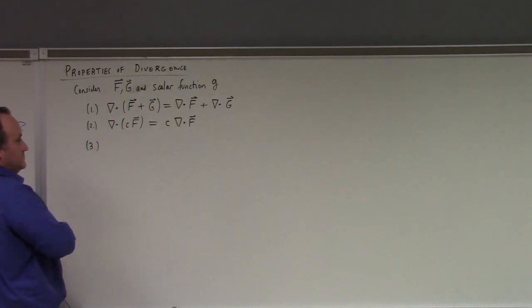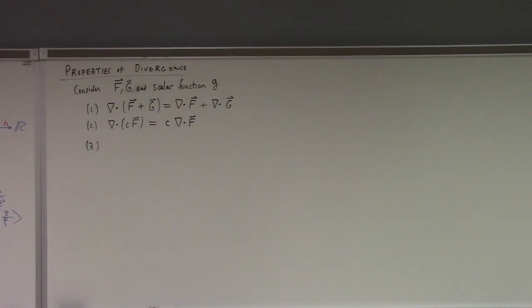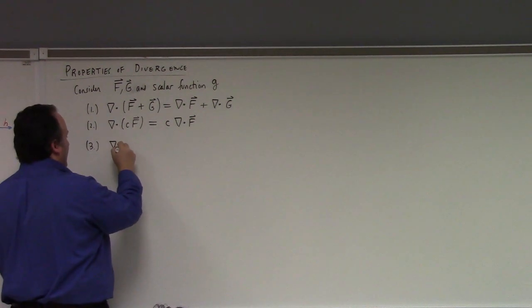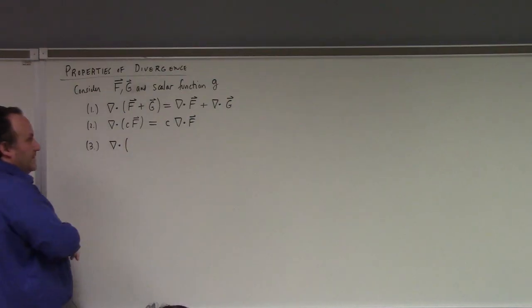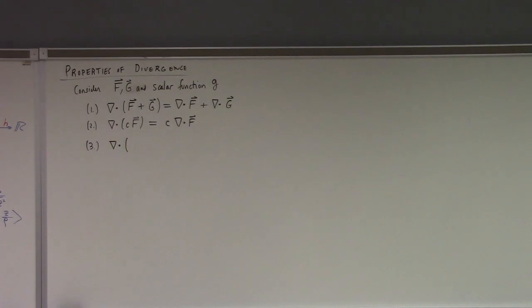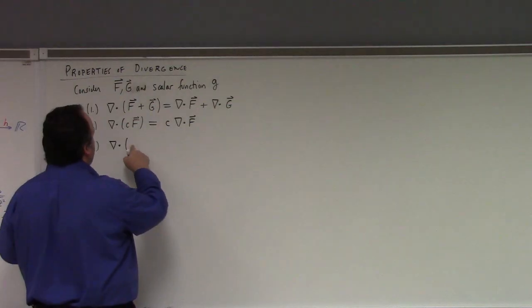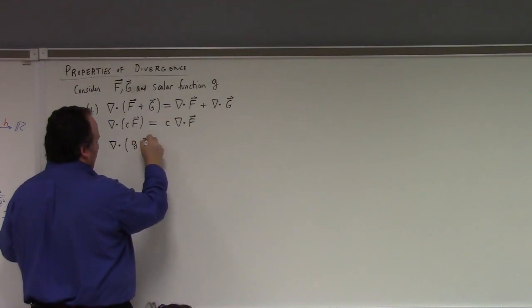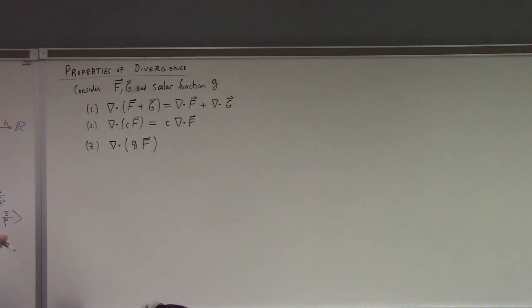Number three, what if we have the divergence of a product? I can't multiply vector fields the way I multiply functions. We could take the dot product of them, or the cross product of them. But the most simple thing to do is take G times F, the scalar multiple of the scalar function G times the vector field F. Is there a product rule here?